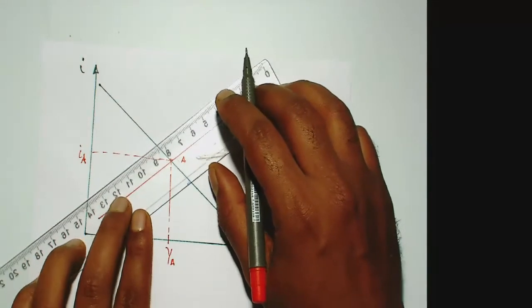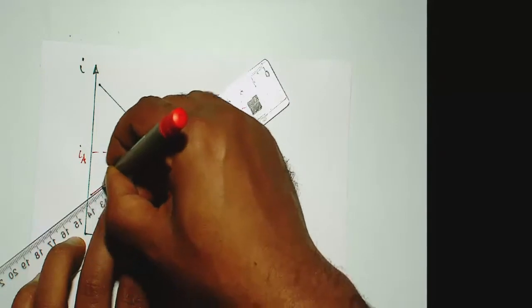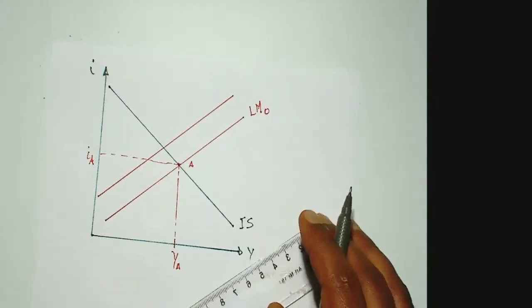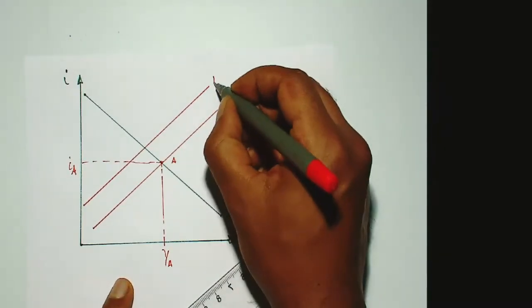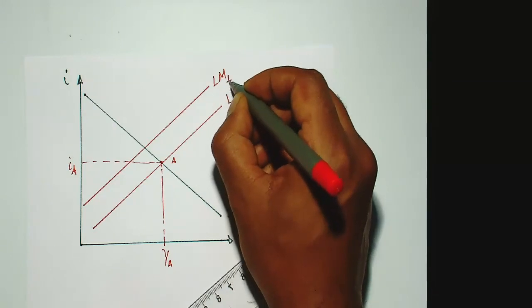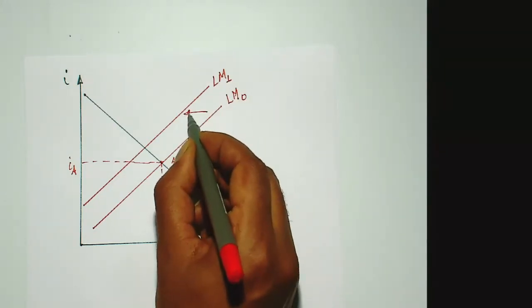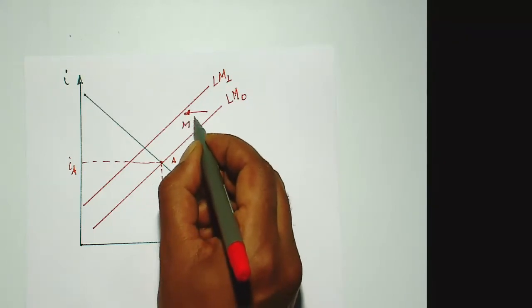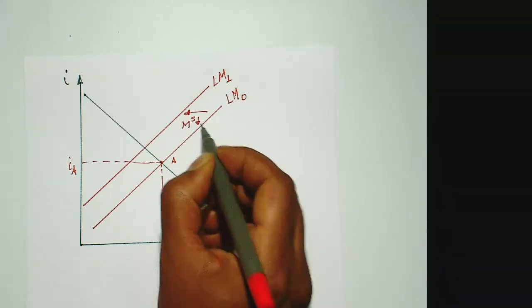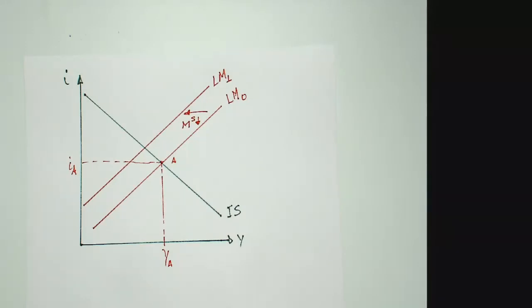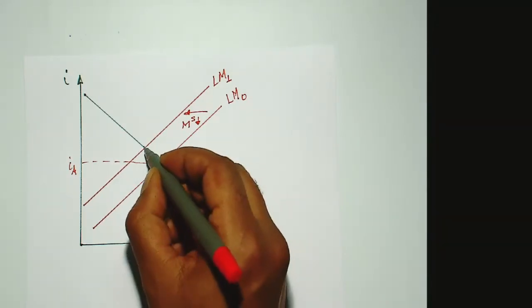And we are saying there is a contractionary monetary policy, so our LM should shift to the left-hand side to a new curve LM1, and this shift is motivated by a decrease in money supply, which shifted the LM inwards.